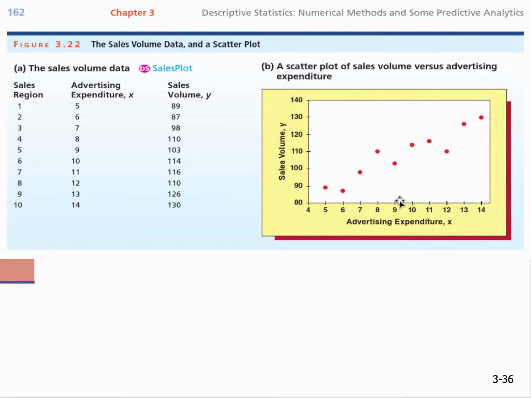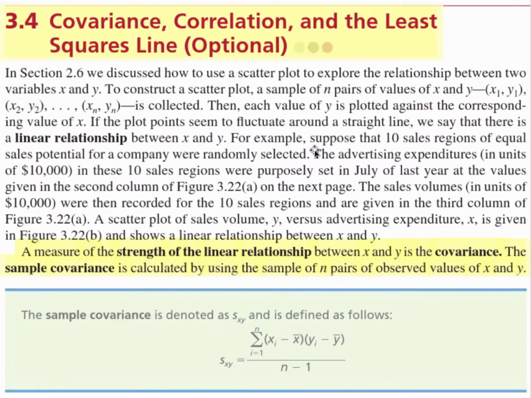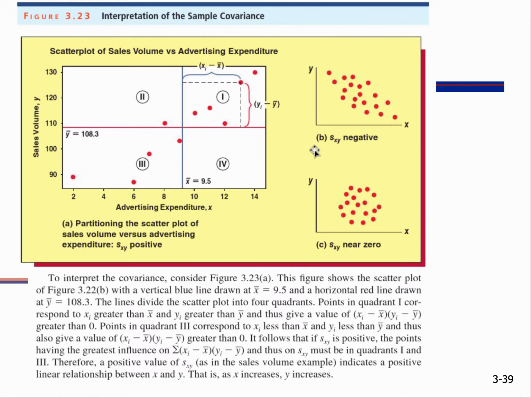We know the mean of the X is 9.5, so let us draw a vertical line at the x mean and a horizontal line at the y mean, and try to analyze the values of those regions. You can come up with those four regions, and you can interpret it more by saying the following. Every time x goes up, we notice that y increases as well.